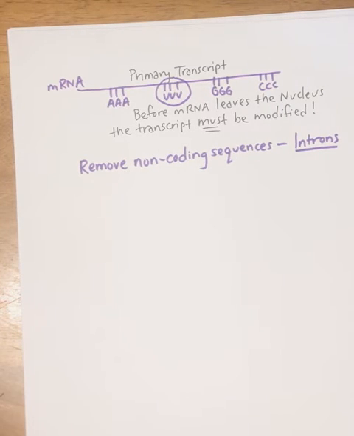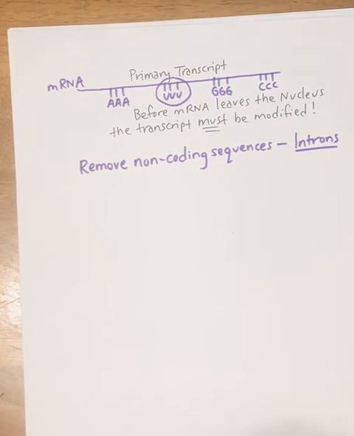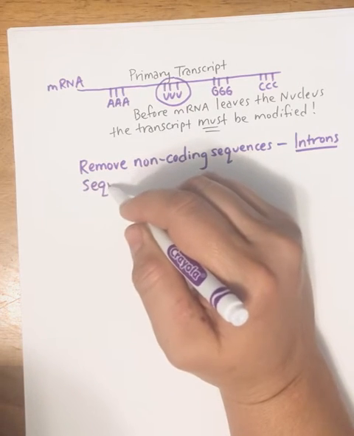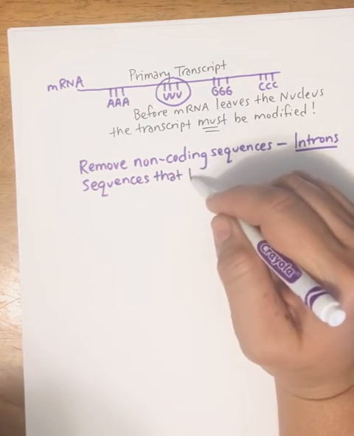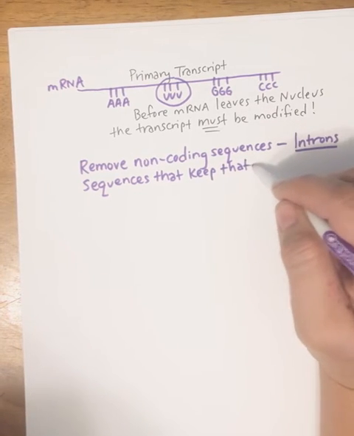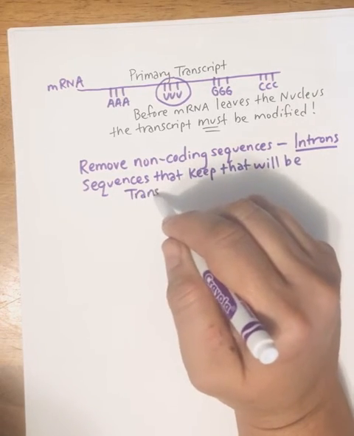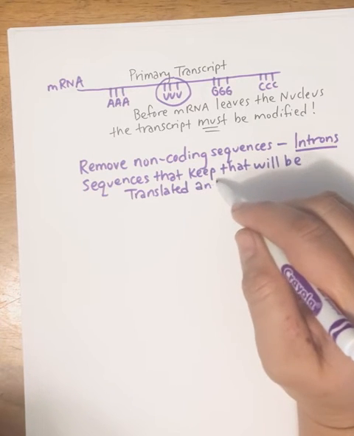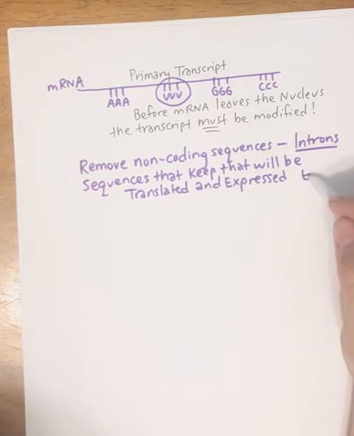So we modify it. Now, anything that is expressed, we keep. So sequences that we keep that will be translated and expressed into proteins are called exons.